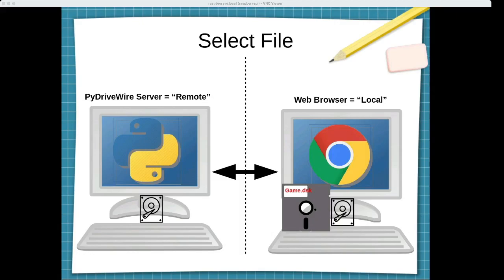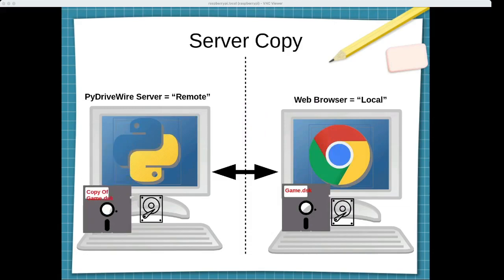So in that particular situation, the only thing that you can actually do is the web browser actually sends a copy of the disk image to the remote side, to the server side. There are some reasons why it has to do this. I have one slide coming up a little bit later where I will explain what those reasons are. But just know that if you're using the local side choose file from the web browser, it makes a copy. If you're using the remote side and you're typing the path to the file, that is a real file.